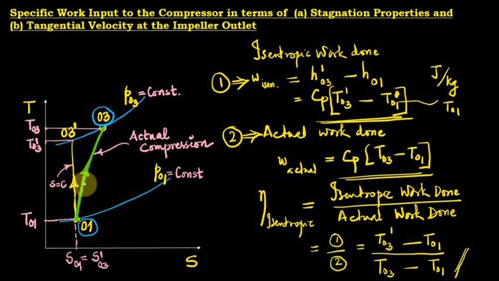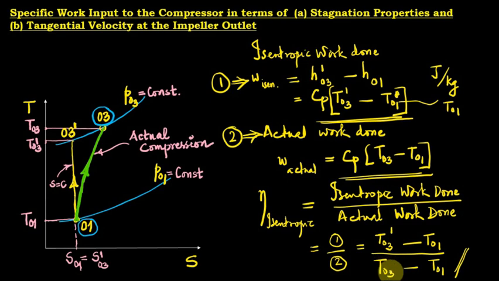Had the compression been isentropic, the process is 01 to 03 dash. In the actual case, the actual compression is represented by 01 to 03. So in terms of ratios of differences in temperatures, we can write the expression for isentropic efficiency, and T01 is common in both numerator and denominator. If the compression had been isentropic, the stagnation temperature at the outlet is T03 dash; in the actual case, it is T03.